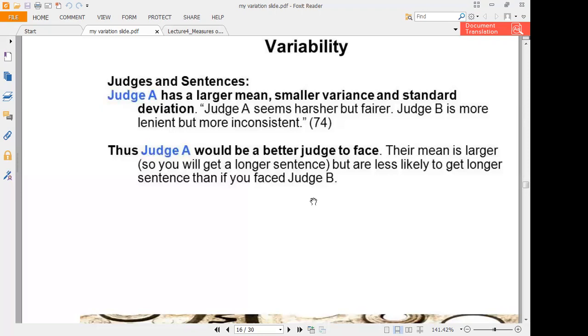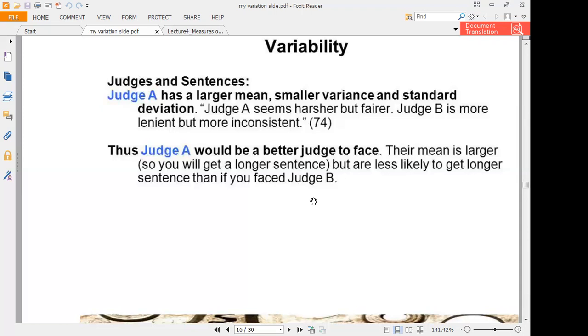This is telling us that Judge A can give us 33 years in prison. In fact, Judge A can still give us 35 years in prison because the standard deviation is 2. If you add one standard deviation to it, we can still have up to 35 years in prison. But Judge B gives 30 years in prison, but the standard deviation of Judge B is 8.